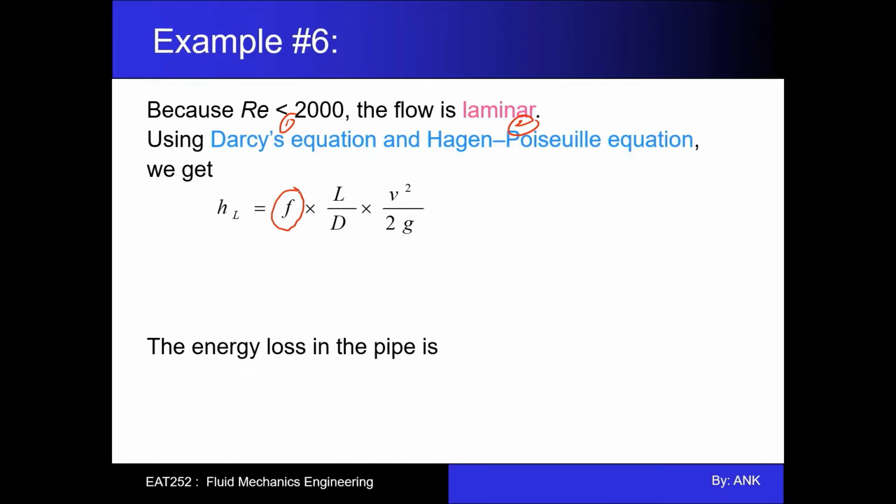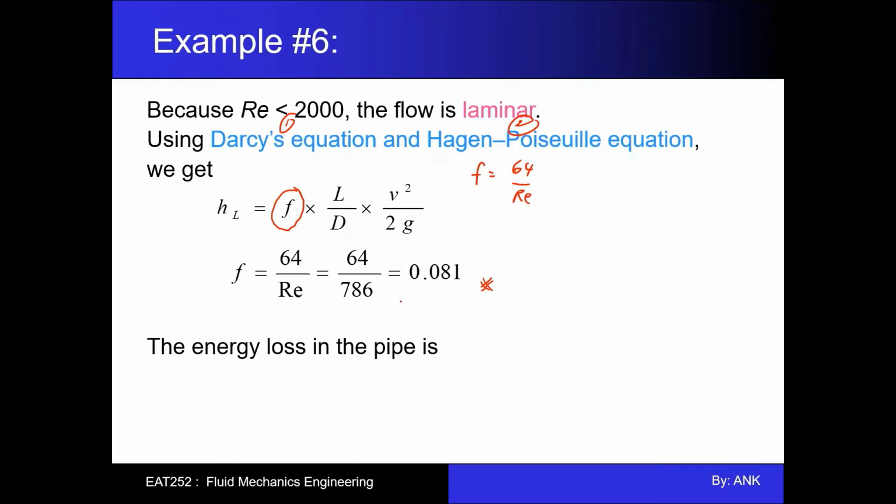Because the flow is laminar, F is equal to 64 over Re. So with Reynolds number 786, we get the friction factor is 0.081.